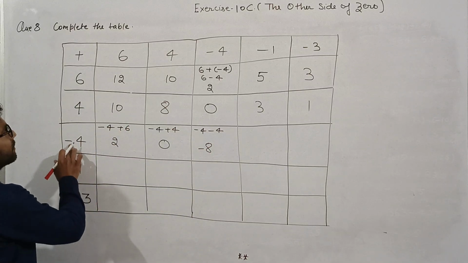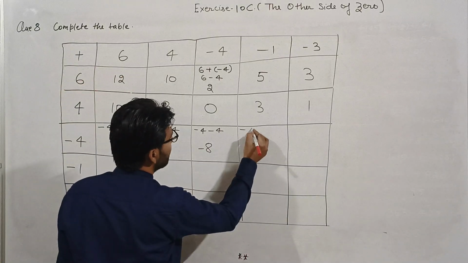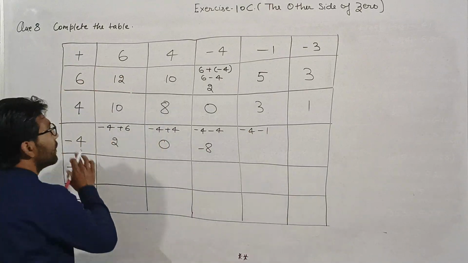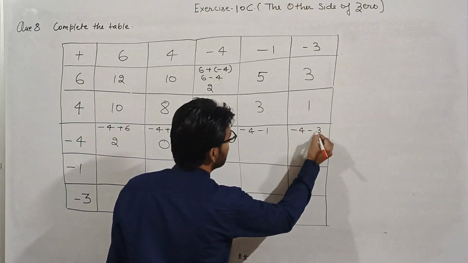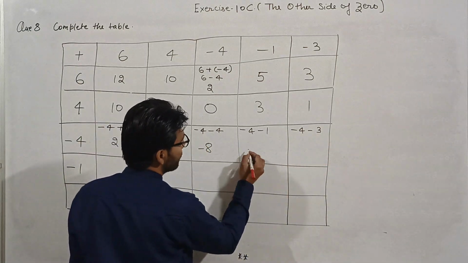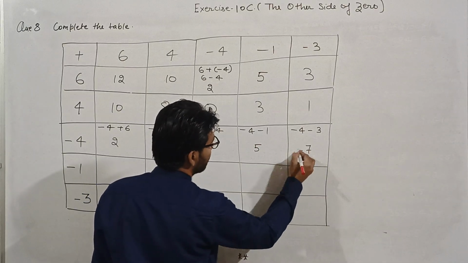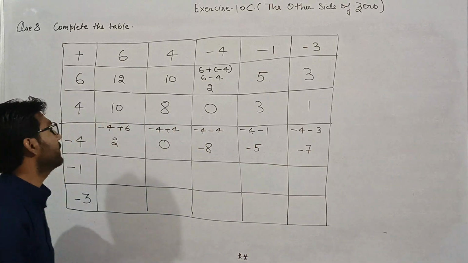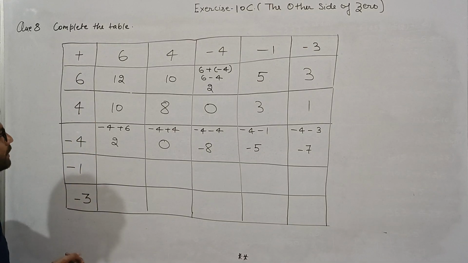Again, minus 4 plus minus minus, so minus 4 minus 1. Same for this one: minus 4 minus 3, so minus minus plus 5. 4 plus 3 is 7. Here you need to be very careful when numbers are different.